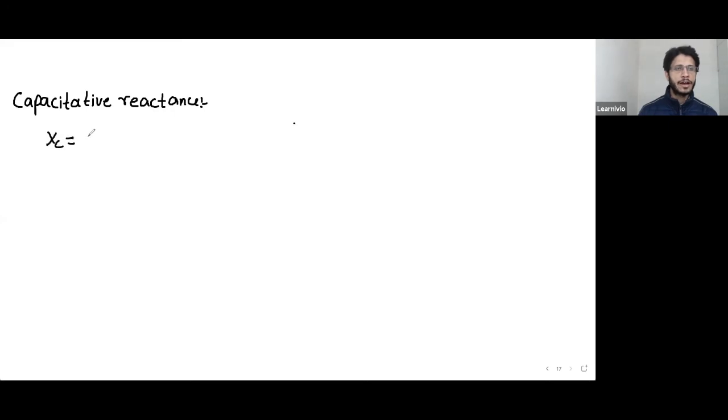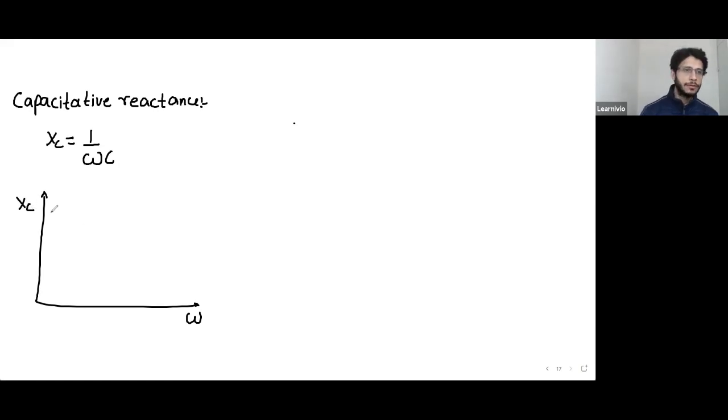So the capacitive reactance Xc is 1 by omega C. If I draw an omega versus Xc graph, can you predict the shape of the graph? Will it be a straight line? No, not a parabola. This particular curve is known as a hyperbola. The shape is hyperbolic. So if you increase omega, then your Xc will decrease.